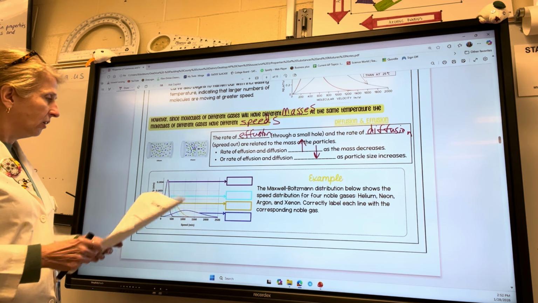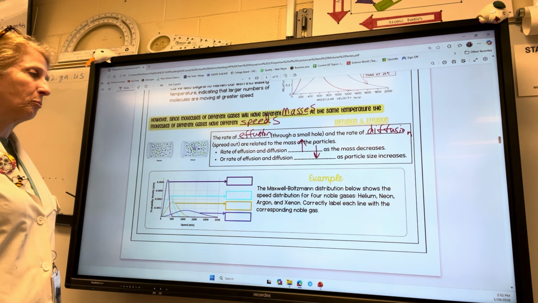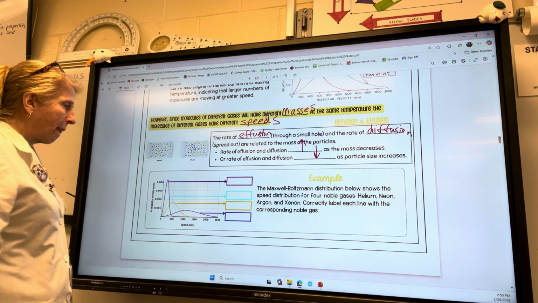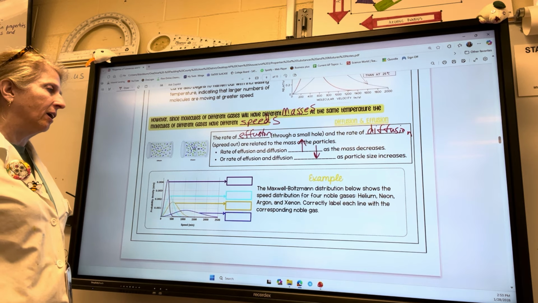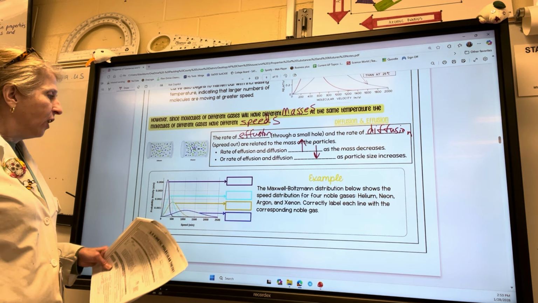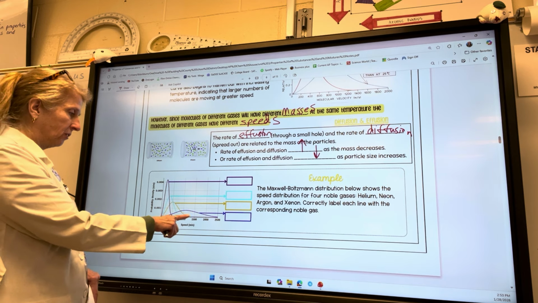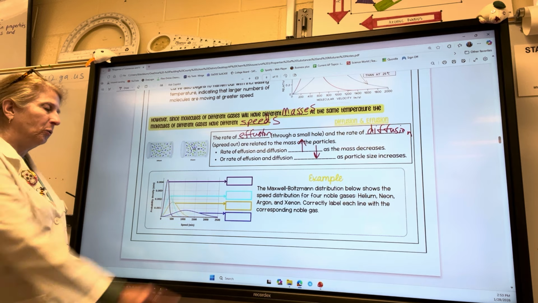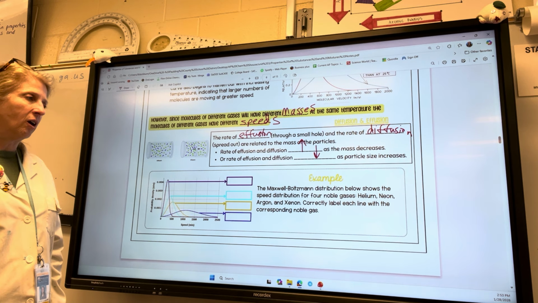Here we've got four Maxwell-Boltzmann distribution curves. One of these is for four noble gases: helium, neon, argon, and xenon. One of these is going faster than the others. Do you think the fast one, the blue one, is the helium or the xenon?